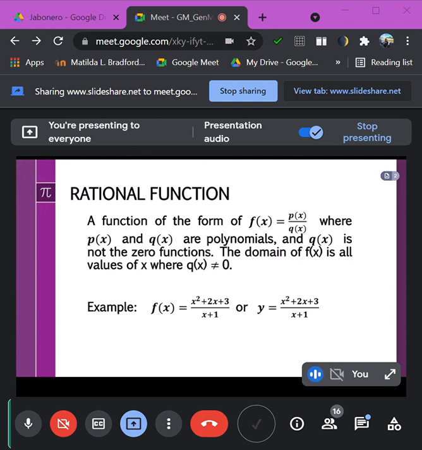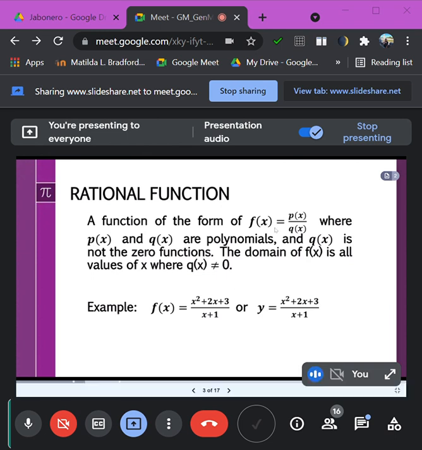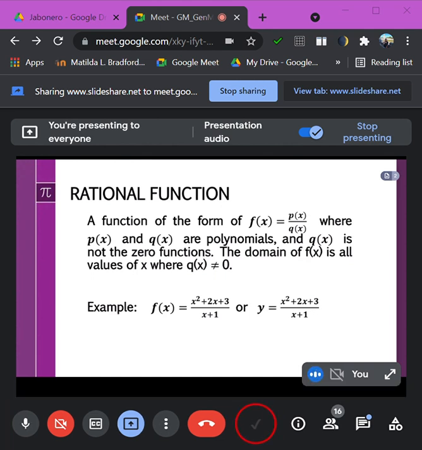So the domain of f of x is all the values of x where q of x will not be equal to 0. So kana ato ang p of x class, those are the values nga atong i-substitute sa ato ang q of x. And your q of x should not be equal to 0.